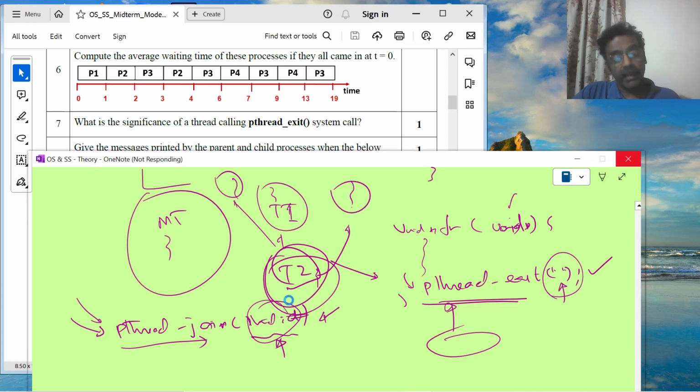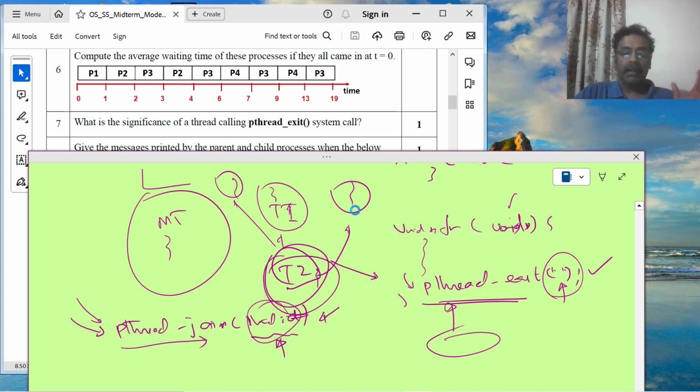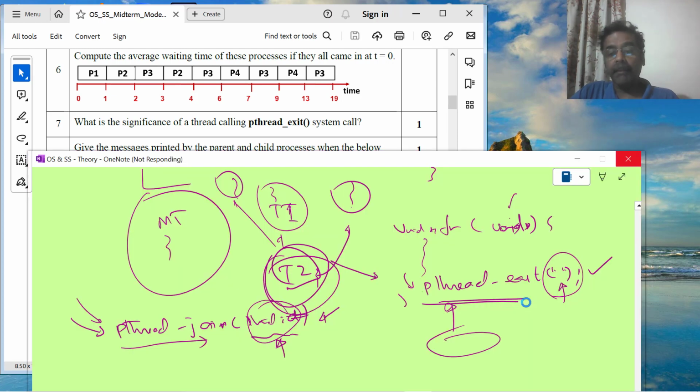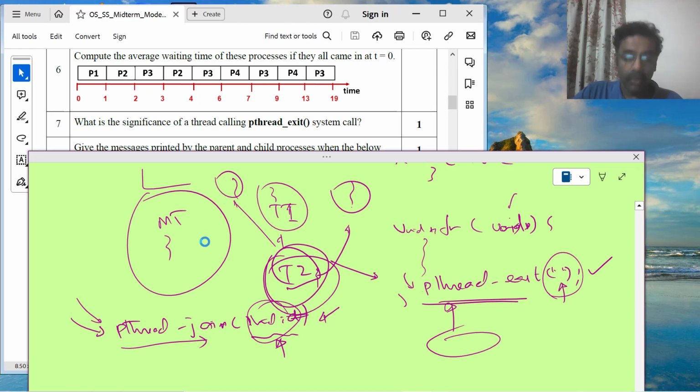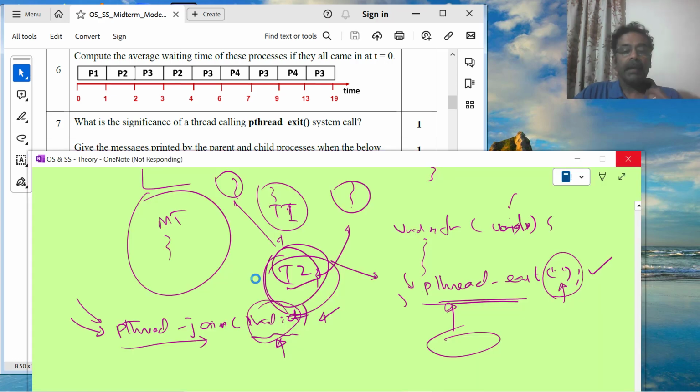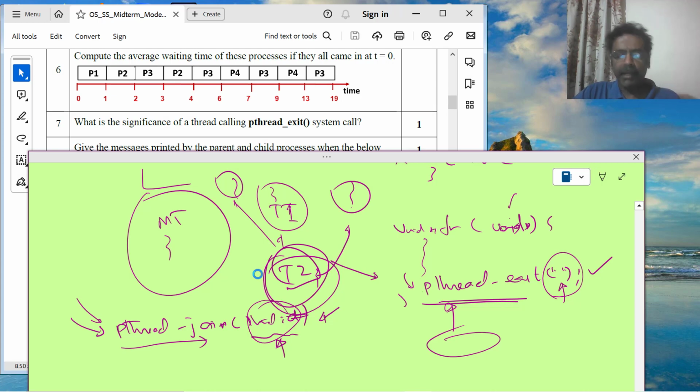Similarly, the order in which pthread join is invoked is also independent. Even after a particular thread has called pthread exit, any other thread in the same family, I'm not saying outside of this family of processes or threads, if it executes pthread join, it will be immediately woken up because the thread has already exited.